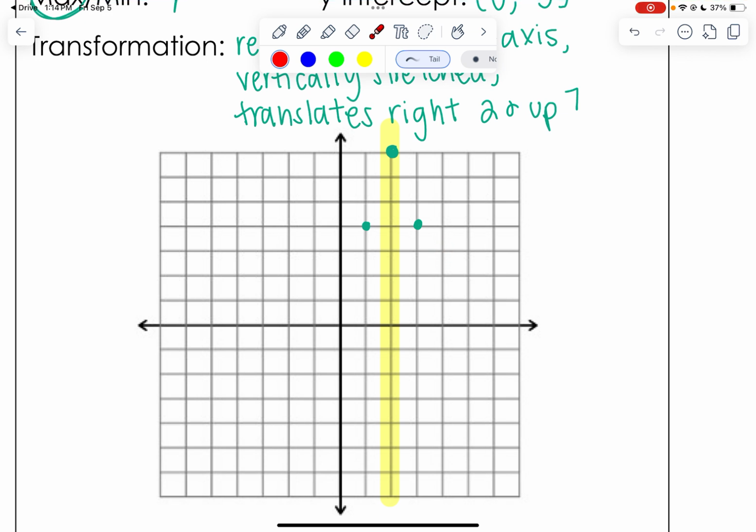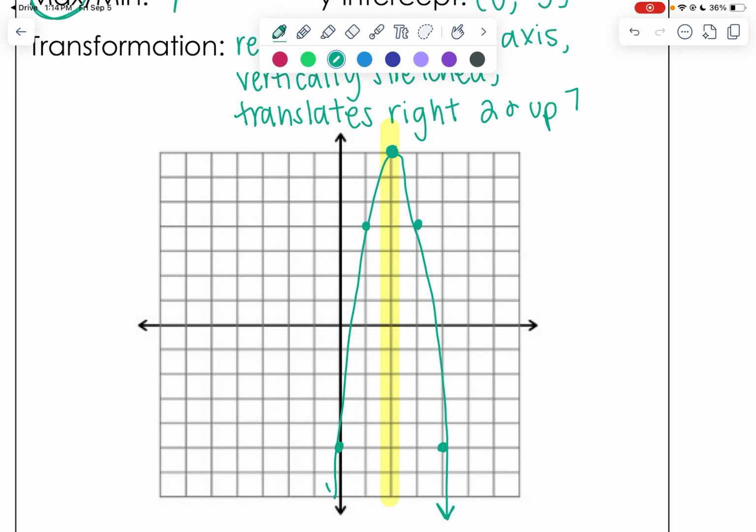So now you're going to go over 2, and then 4 times 3 is 12. So now you're going to go over 2, and then you're going to go down 12. So that was 7, right? 8, 9, 10, 11, 12. So you're way down there at the bottom. And then you're going to reflect it over to the other side. And then you're going to sketch out that parabola.